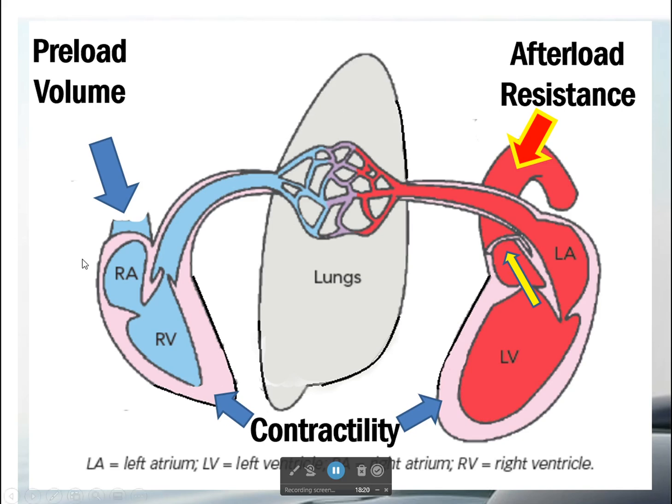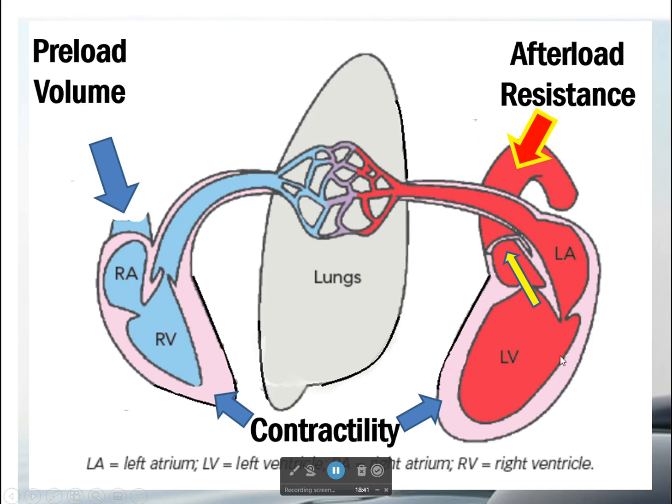So you can see the arrows representing preload are the blue arrows. Think of fluid here. The blue arrows going into the heart, and I'm depicting the right atrium and right ventricle, but the same is true of the left atrium and left ventricle. The left atrium and left ventricle have a preload.